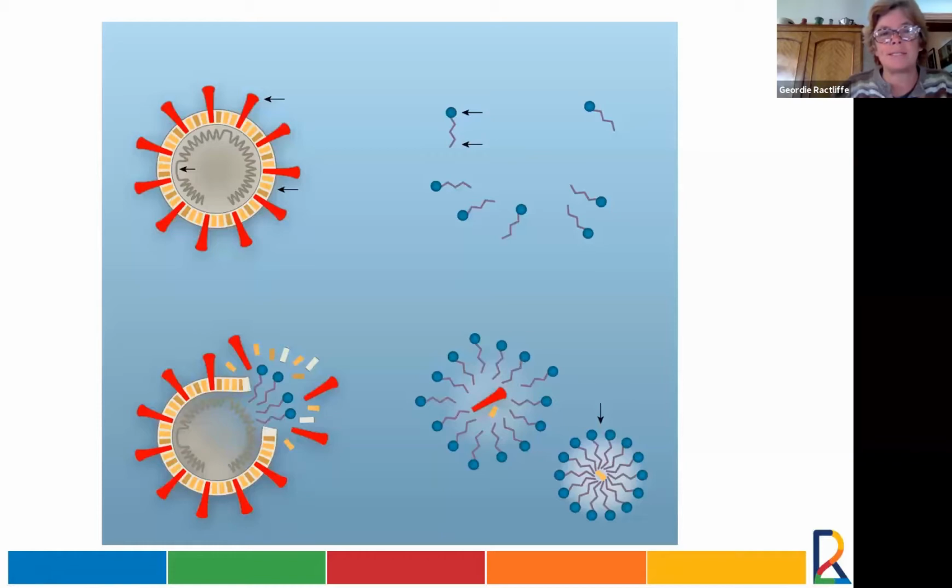Now, one of the important things about the structure of this virus is that these little bits that make up the crowns are proteins that stick out of the virus, and they're the bits that attach onto your cells and get into and infect your body. But the orange thing around here is a fatty membrane.